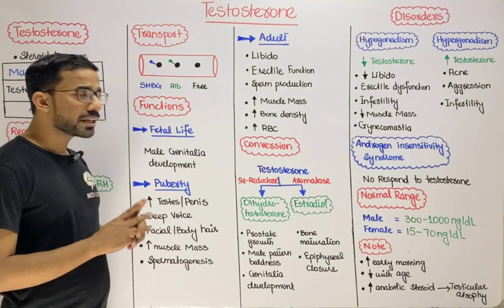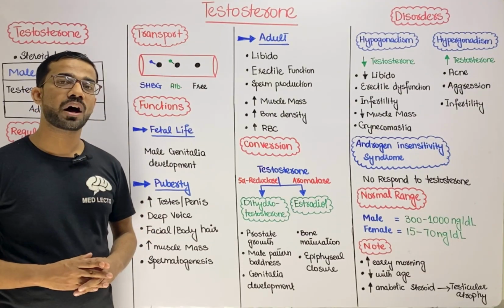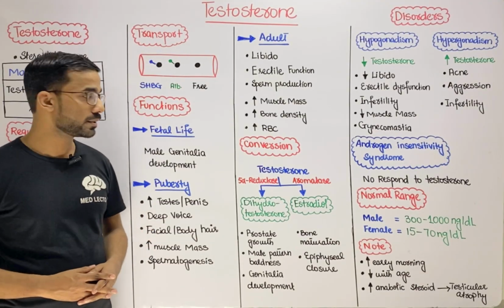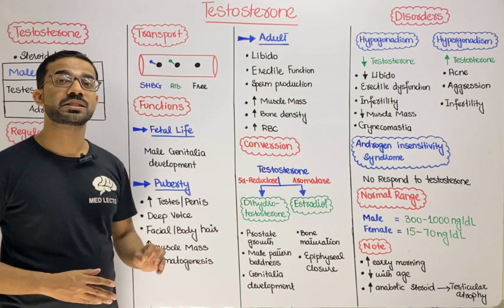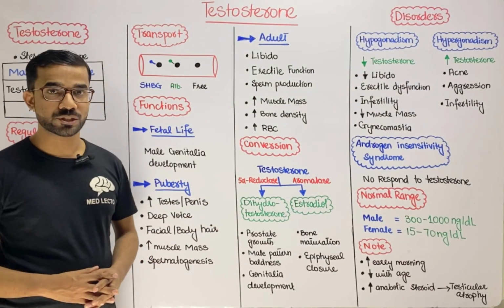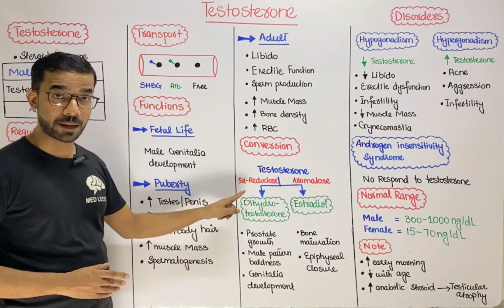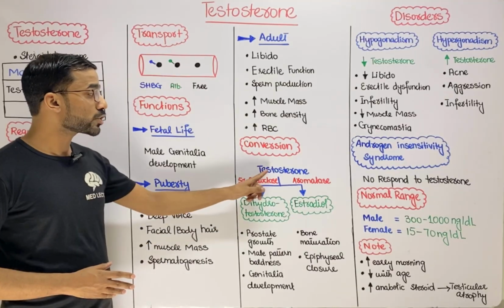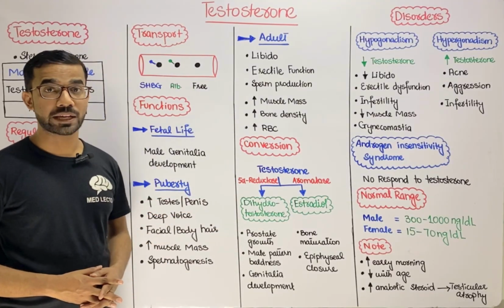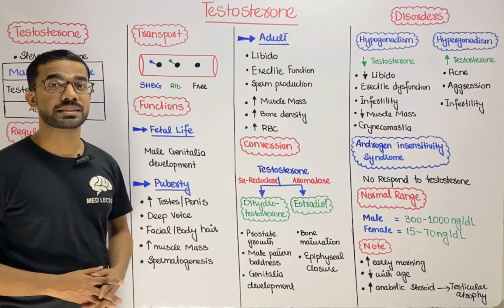And another important thing, testosterone is further converted into two hormones. Testosterone converts into dihydrotestosterone, that is the most potent form of the testosterone, with the help of the enzyme 5-alpha reductase. And second, testosterone converts into the estradiol with the help of the aromatase enzyme.